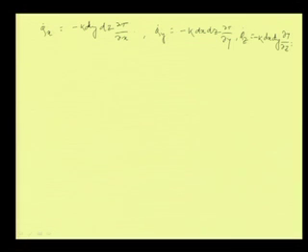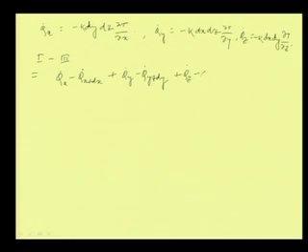Now, between term 1 and 3, if we write 1 minus 3, it will be q dot x minus q dot x plus dx, plus q dot y minus q dot y plus dy, plus q dot z minus q dot z plus dz.